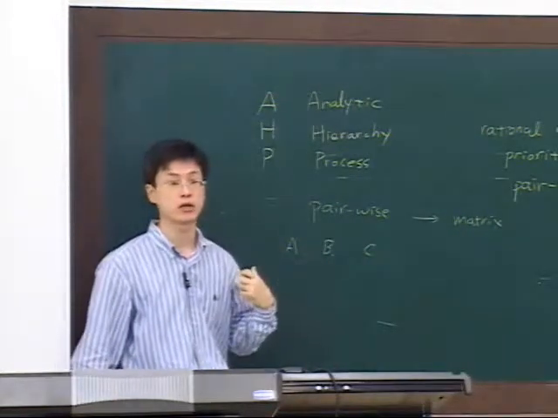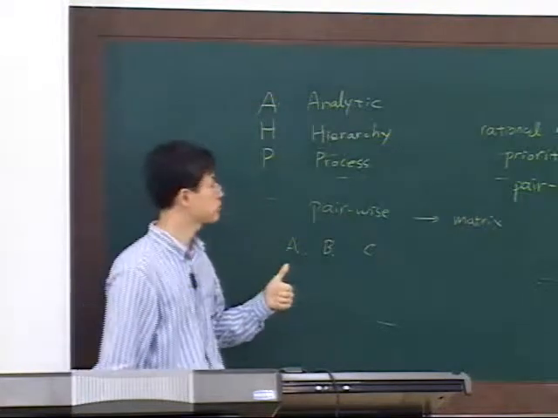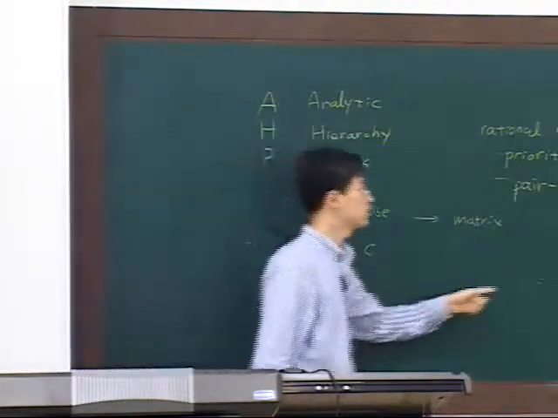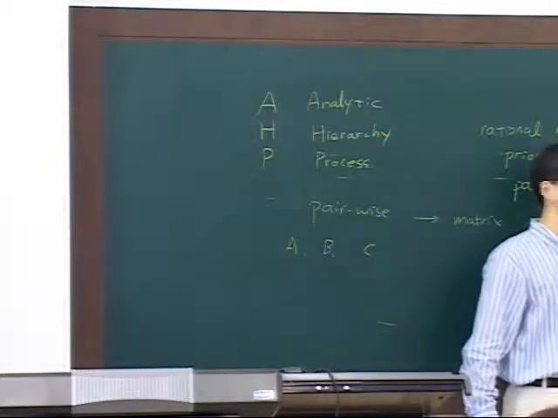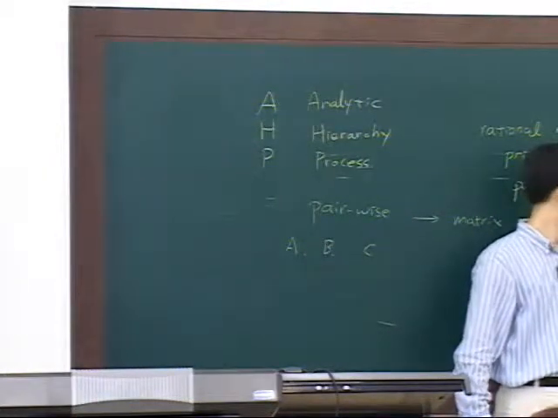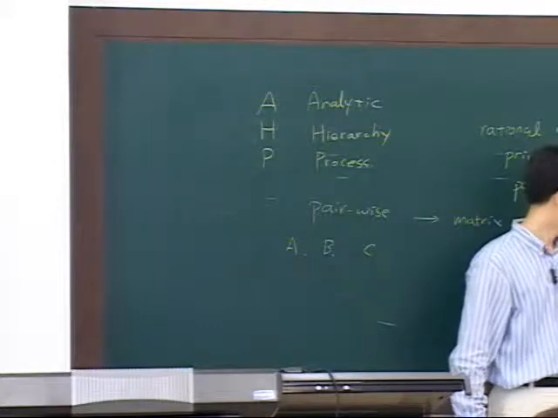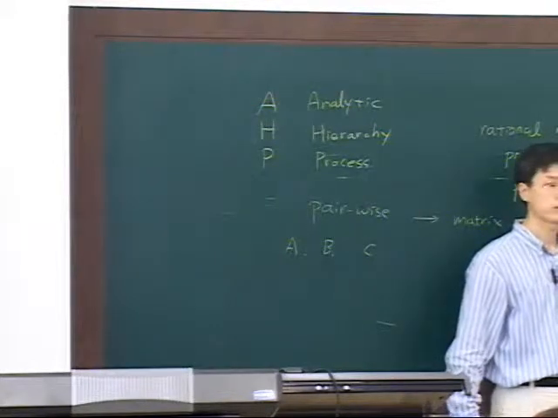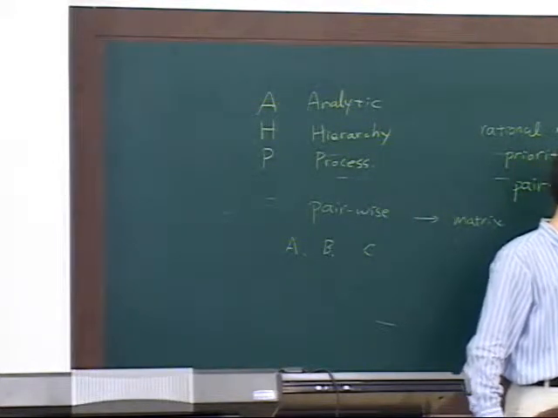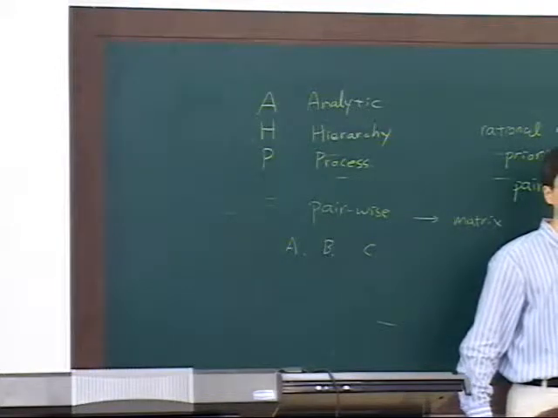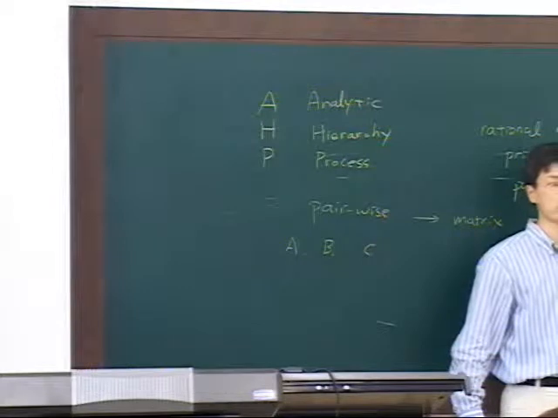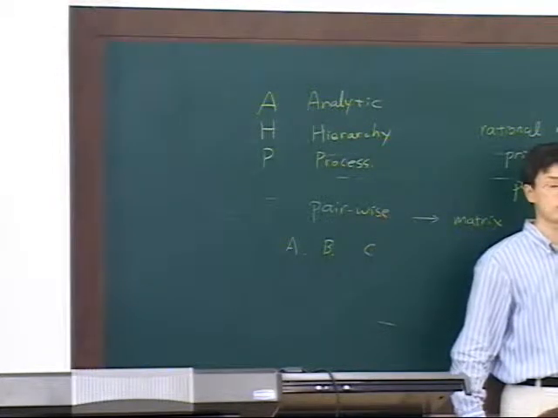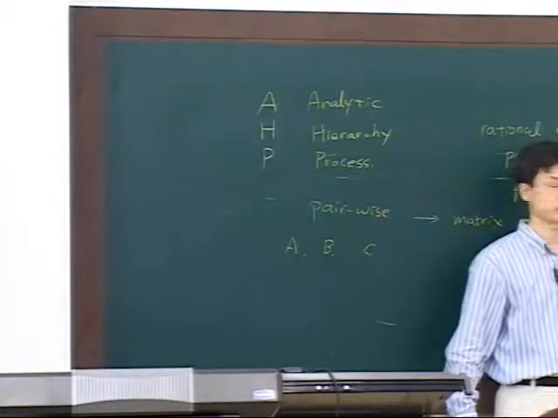The other way around. And the important characteristic of this AHP is, what will happen if you change this one? If A is strongly more important than B, A will have 5 over B. What's the value of B over A? It will be the reciprocal value.